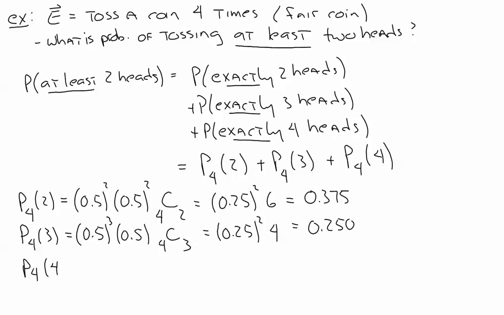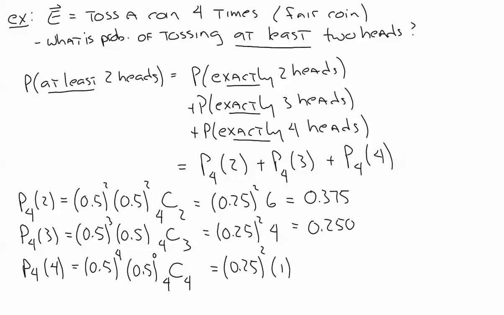The probability of getting exactly 4 heads in 4 tosses is 0.25 squared times 1, or 0.0625. That's 1/16, of course.